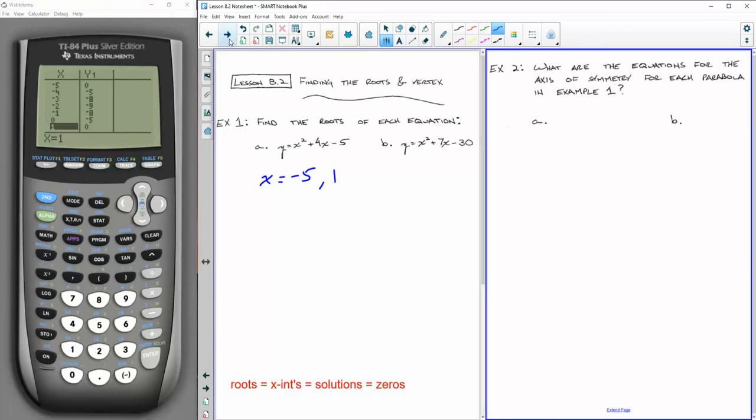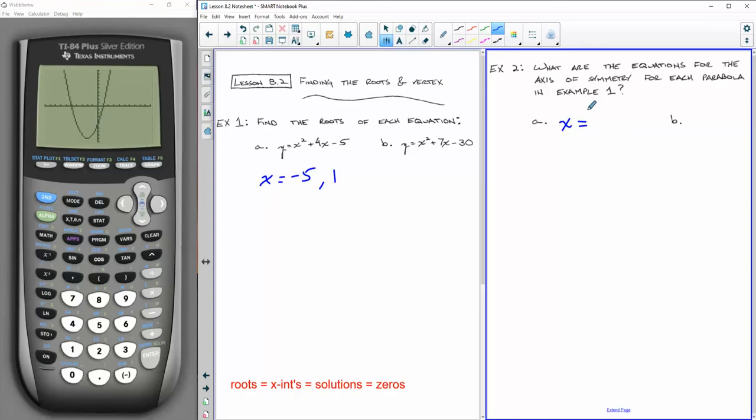Next, what is the equation for the axis of symmetry for each parabola in example 1? The axis of symmetry would be this vertical line that goes right in between here. A vertical line is always x equals something.